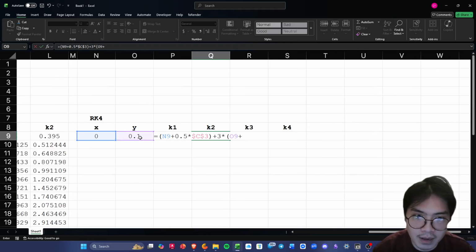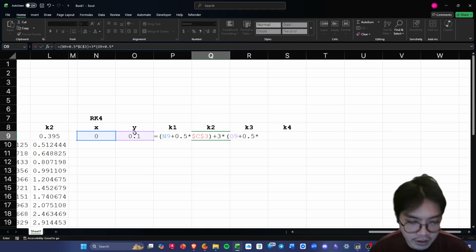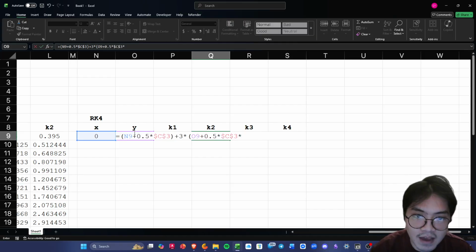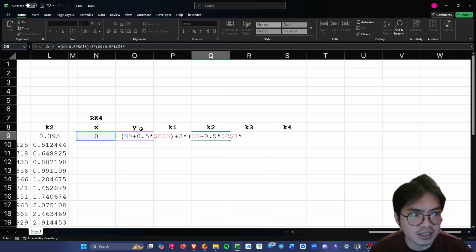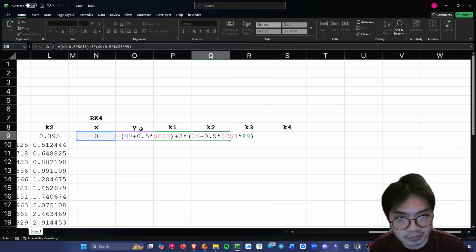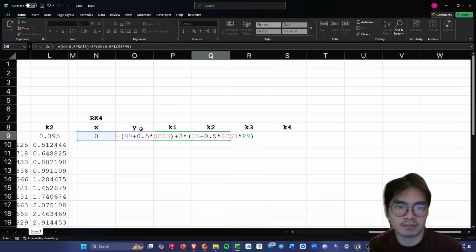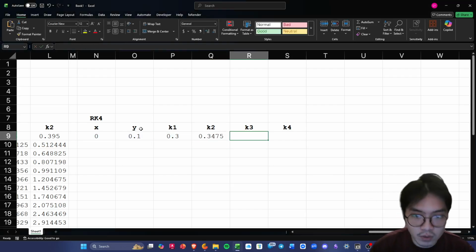Yep, O9 plus 0.5 times the value of our step value, times the value of K1, which in this case is P9, I think. Is that right? Yeah, K1 over 2. Yep, that is correct. And then we proceed.